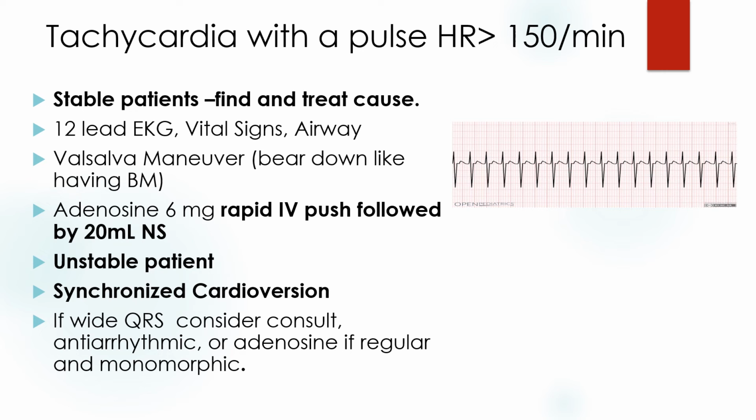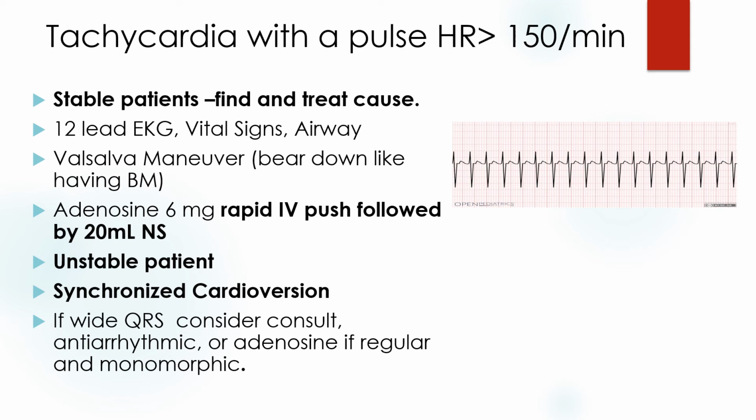Basically, this restarts the heart's electrical current, and hopefully they will return to a normal sinus rhythm. But if this doesn't work, we can give a medication called adenosine, and we will give 6 milligrams. It is a rapid IV push followed by 20 mL of normal saline, and we usually use a 2-way stopcock.